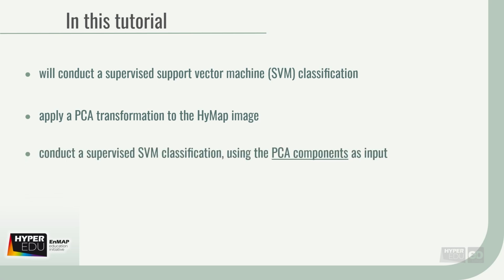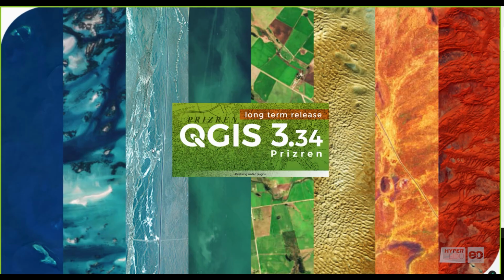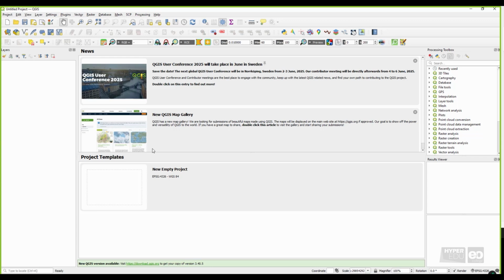Subsequently, we'll conduct a supervised SVM classification again, this time using the PCA components as input. And finally, we are going to apply another popular algorithm, namely random forest, for a supervised classification using the original HyMap bands once more. Let's start by opening QGIS Desktop.